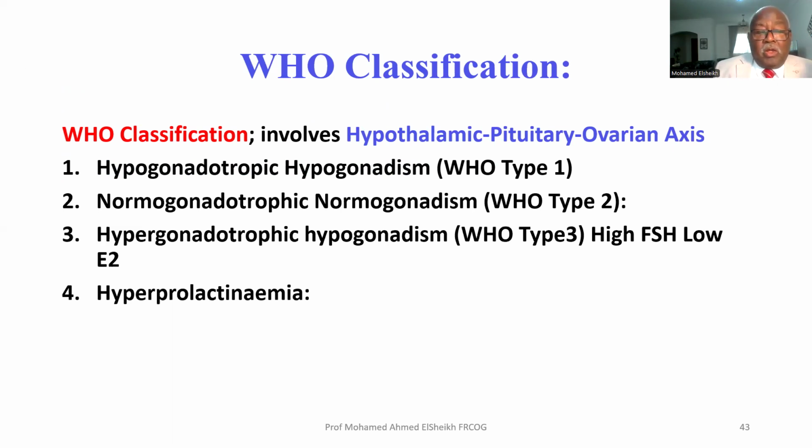Type 3 is hypergonadotrophic hypogonadism: high FSH, but the estrogen is low. So these are the 3 relating to the FSH and E2. And the 4th category is hyperprolactinemia, when prolactin is high. So let us look at them briefly.